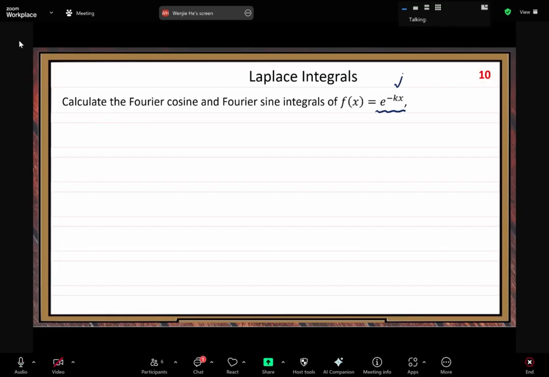Think about why we can calculate the Fourier cosine and sine integrals of this function. Because if we can calculate the Fourier cosine or Fourier sine integral, the function should be an even function or an odd function, right? This original function is not an even function and not an odd function, so we need to do some special extension: even function extension, odd function extension.